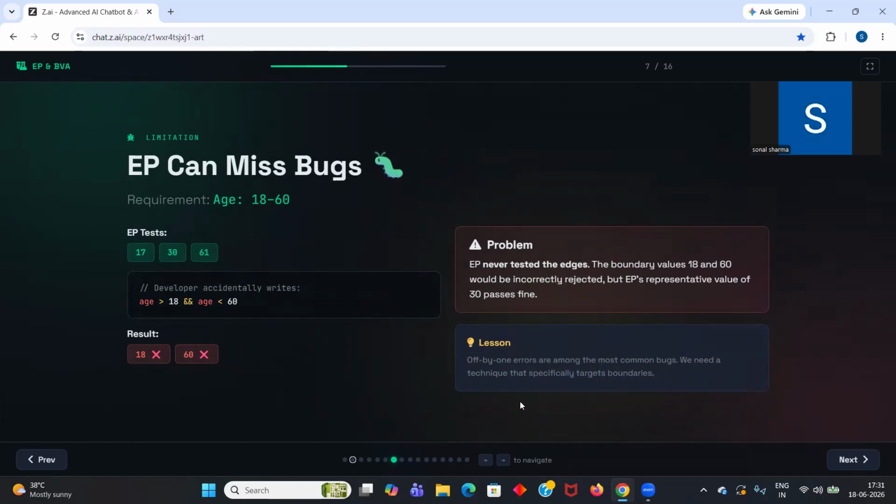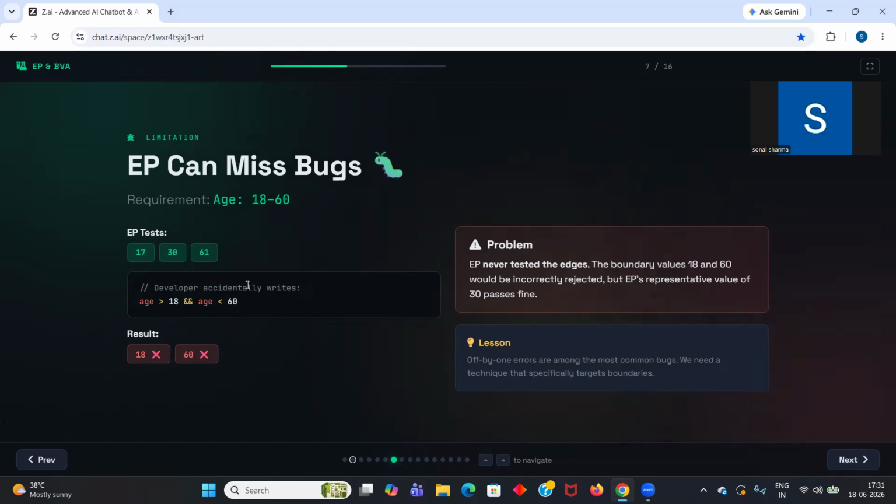But equivalence partitioning can miss bugs. For example, the developer has written age is greater than 18 and age is less than 60. And you write 18. So 18 will not be accepted. If you write 60, 60 will not be accepted. But they should be accepted. And you have not tested these values. You have tested only less than 18, between 18 to 60, and more than 60.